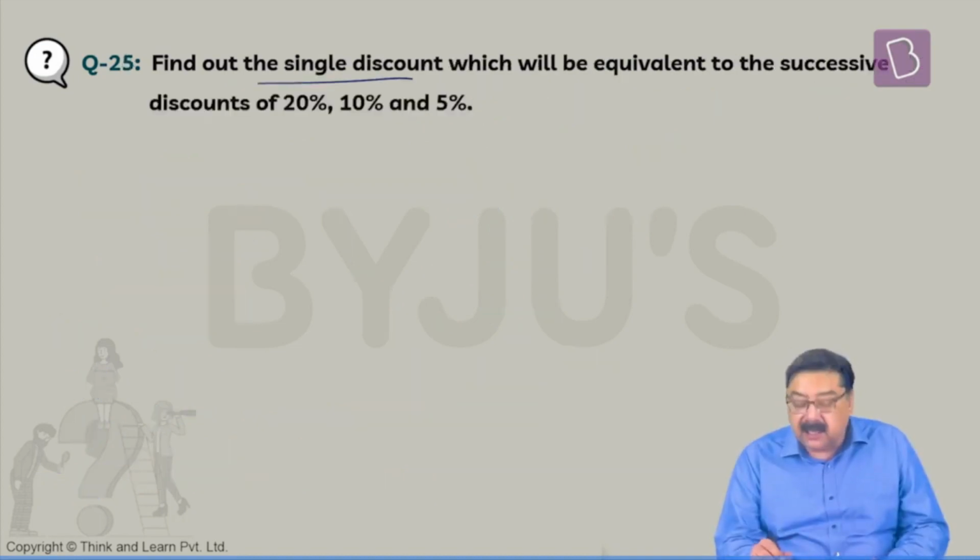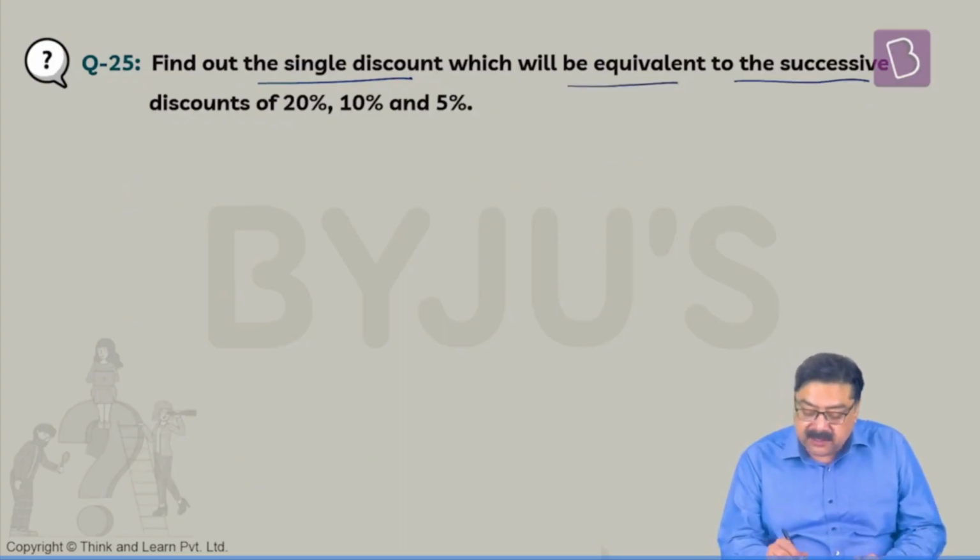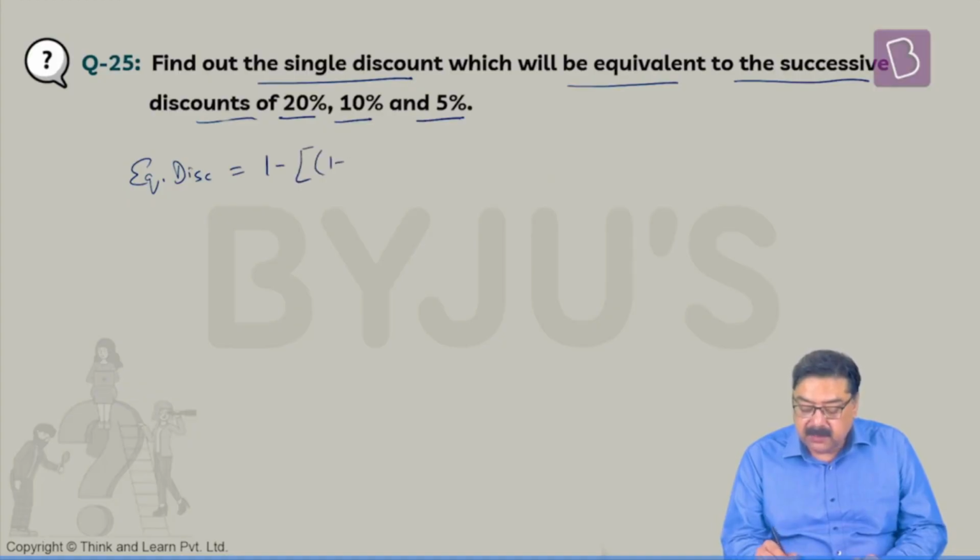Now find out the single discount, that is the equivalent discount, which will be equivalent to the successive discounts of 20%, 10%, 5%. So equivalent discount, as we learned earlier, is 1 minus D1% into 1 minus D2% into 1 minus D3%. So it shall become 1 minus 0.2 into 1 minus 0.1 into 1 minus 0.05.